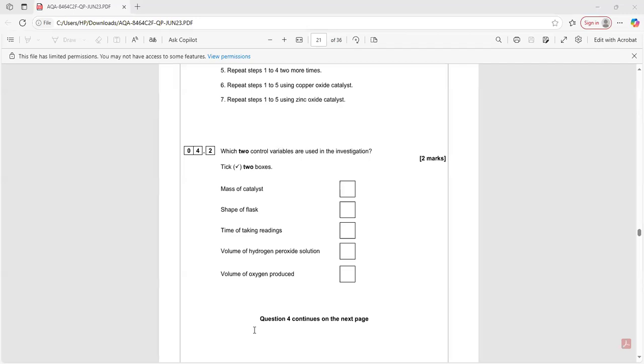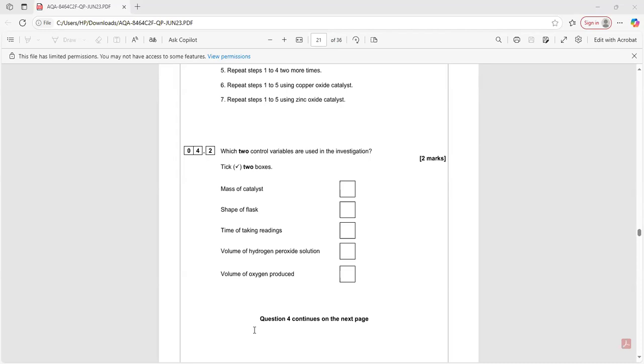So you know what? I just looked at it carefully now. When I looked at that phrase, shape of flask, my mind went to the shape of the flask affecting the volume, but really, shape of flask doesn't have anything to do with the reaction, right?